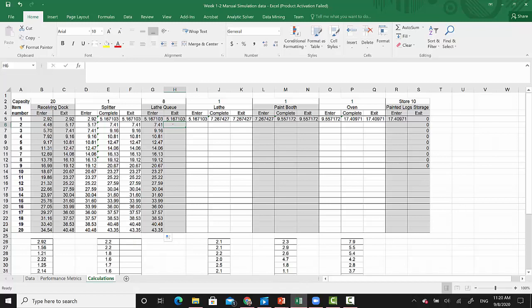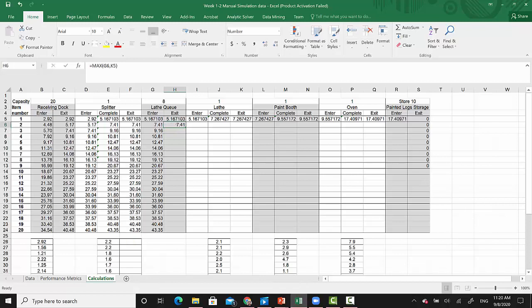The wait time would equal the difference between the enter time and exit time, and those times are dependent. So the exit time equals the maximum between its enter time, since it cannot exit before it enters, and also the time the next location is available, which depends on whether the previous item at the next location leaves that location. So it is the maximum between these.